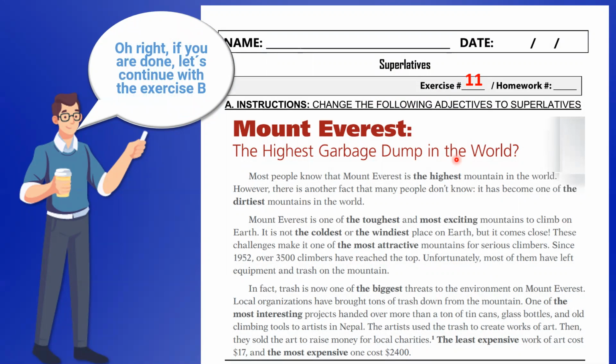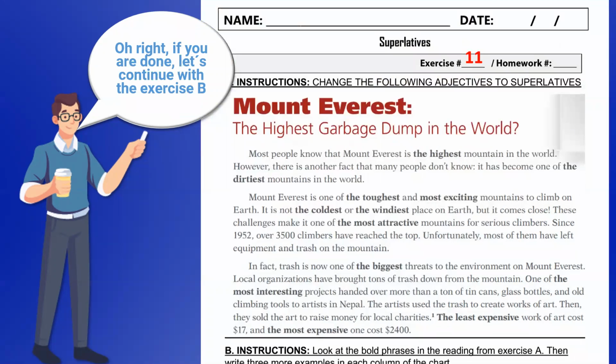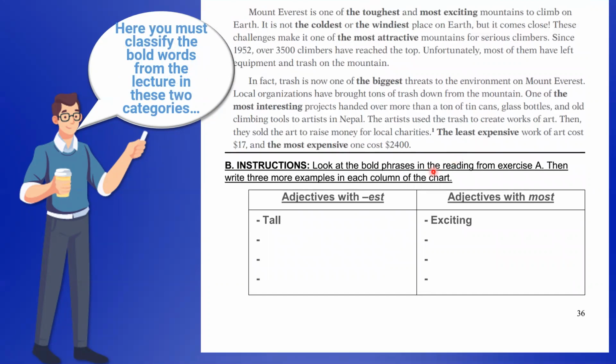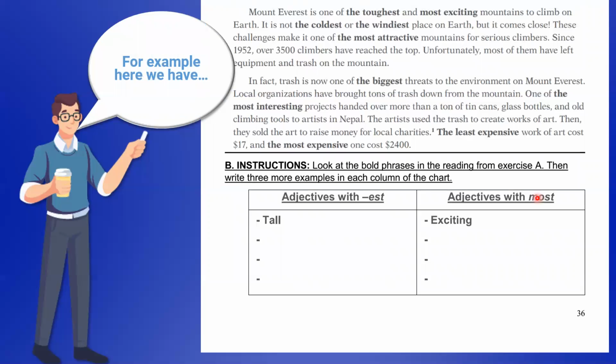All right, if you're done, let's continue with the exercise B. Here, you must classify the bold words from the lecture in these two categories, adjectives with est and adjectives with most. For example, here we have tall and exciting.